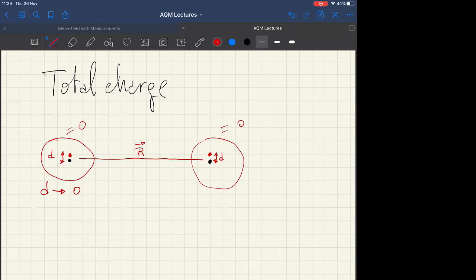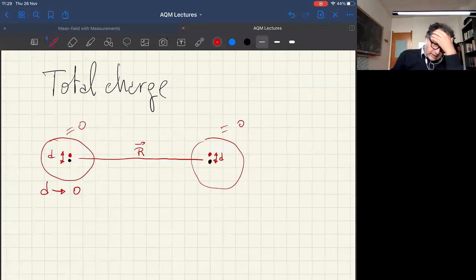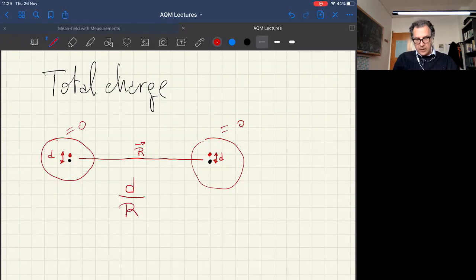Yes. Very good. So in this problem, what is the small parameter which appears? The small parameter is the distance between the two charges over the distance between the two blobs, okay?